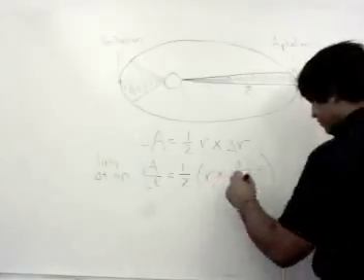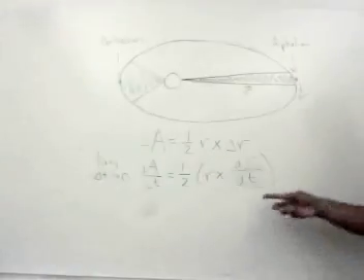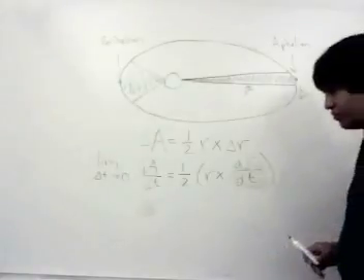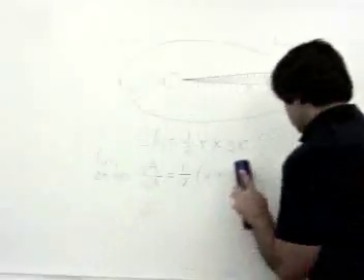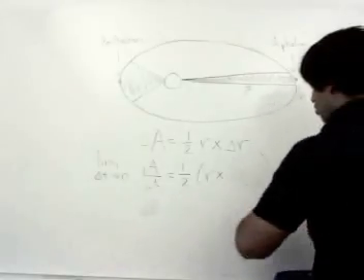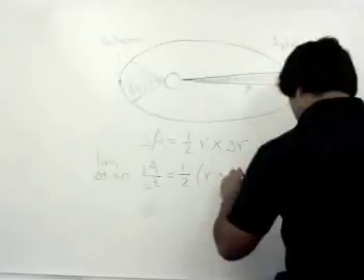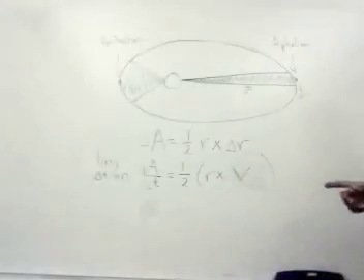So that's the derivative of that. And the funny thing is, dr dt, which we all know, is equal to velocity. So we can turn this into r cross v, which is a lot nicer. So let's just do that. Now we have dA dt is equal to 1/2 r cross v.